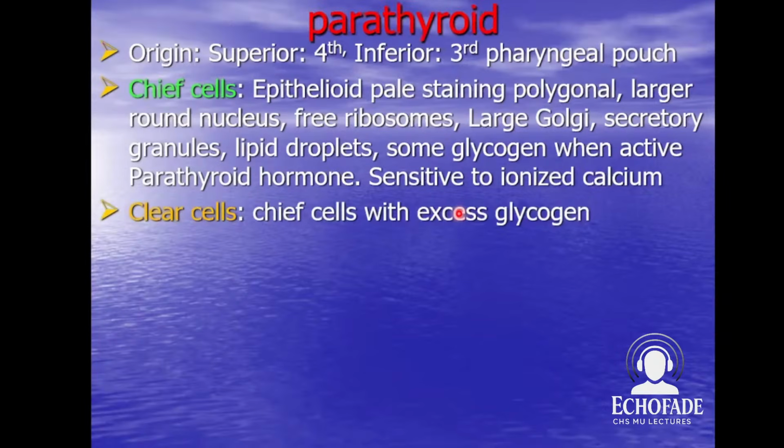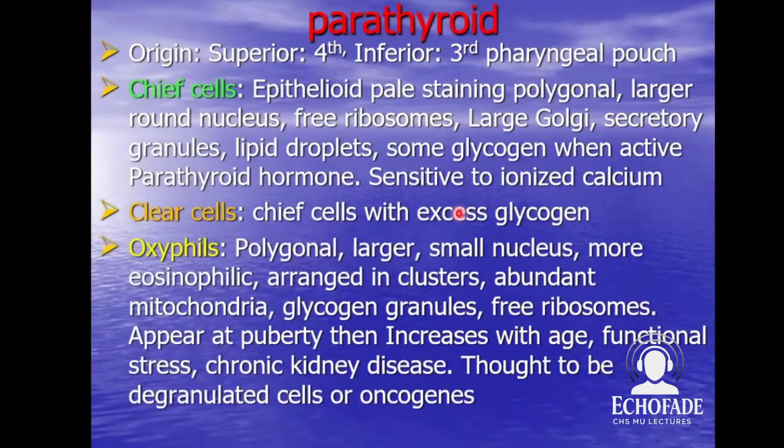And clear cells are thought to be a form of chief cells that have excess glycogen. This can be demonstrated with the PAS staining, periodic acid Schiff staining. They are also thought to be degranulated cells that have shed off the hormone, parathyroid hormone.